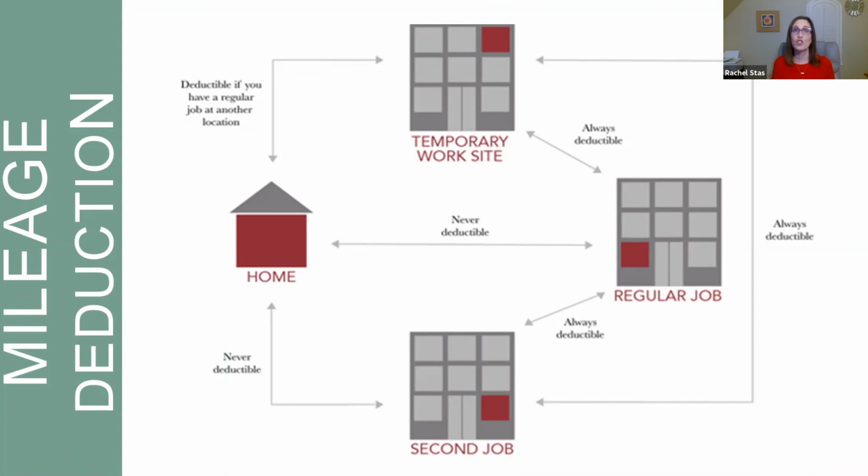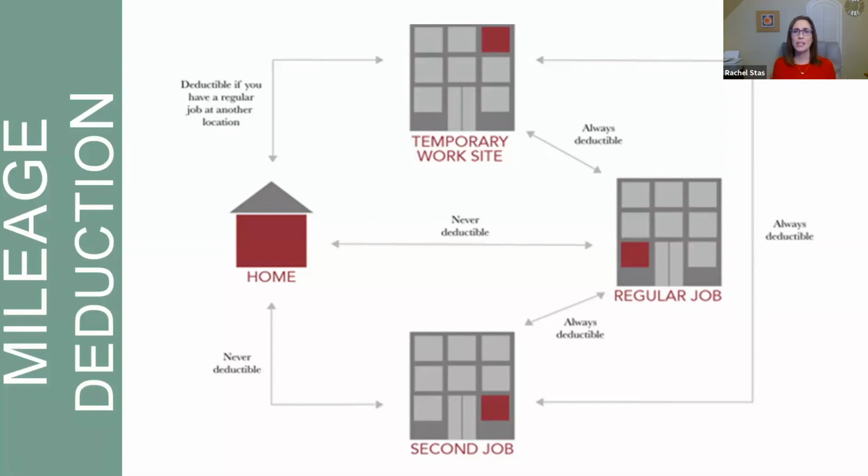However, if you have a second job, or if you are working with Cedars Union, going there after work for your 1099 job, that mileage is deductible. So you do want to include that and keep track of that. This is where I would typically hand out a mileage log to everybody, but it's virtual.